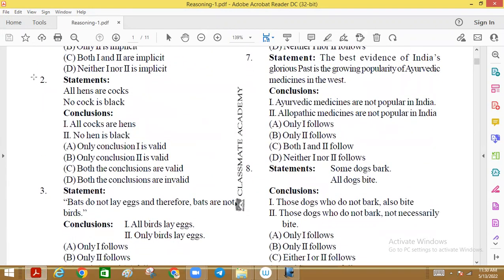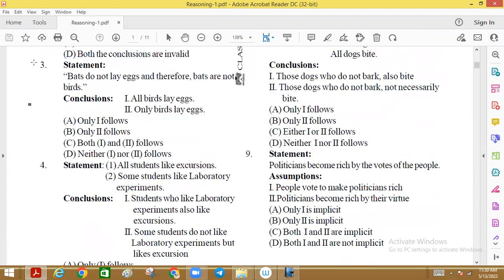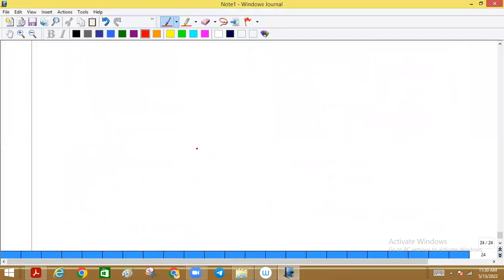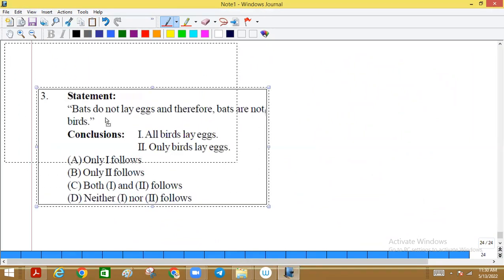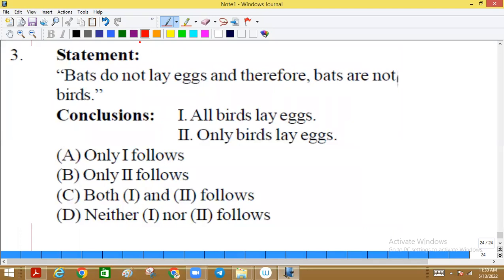Next one, conclusions. So, done with this one. We take the third one. Yes, try to answer this one. The statement says that bats do not lay eggs and therefore bats are not birds.